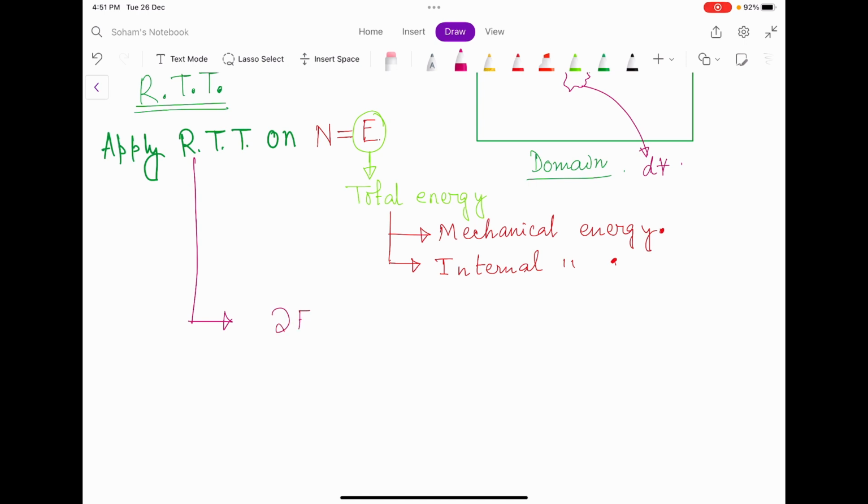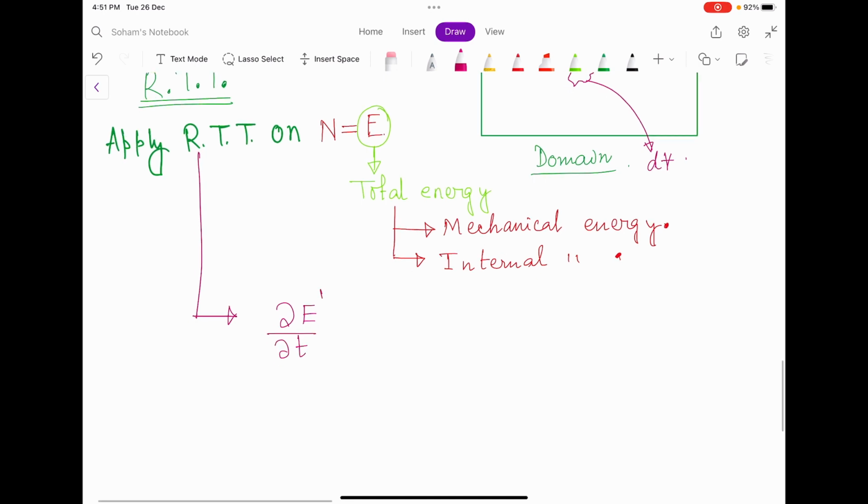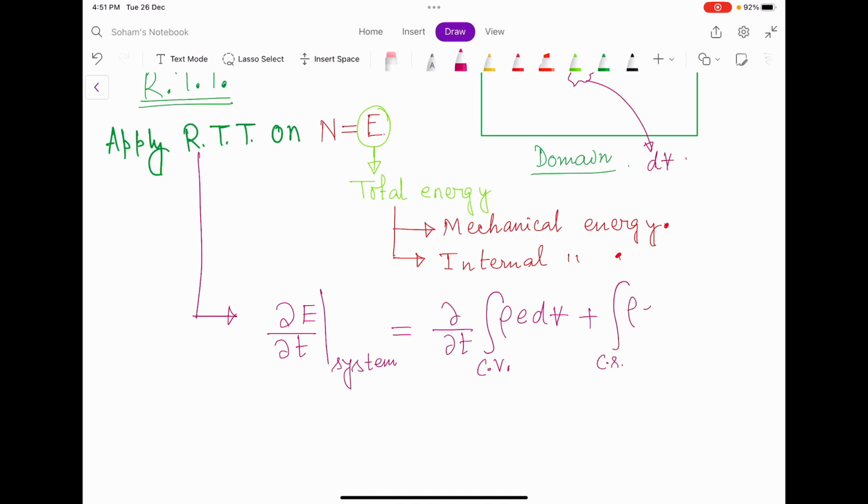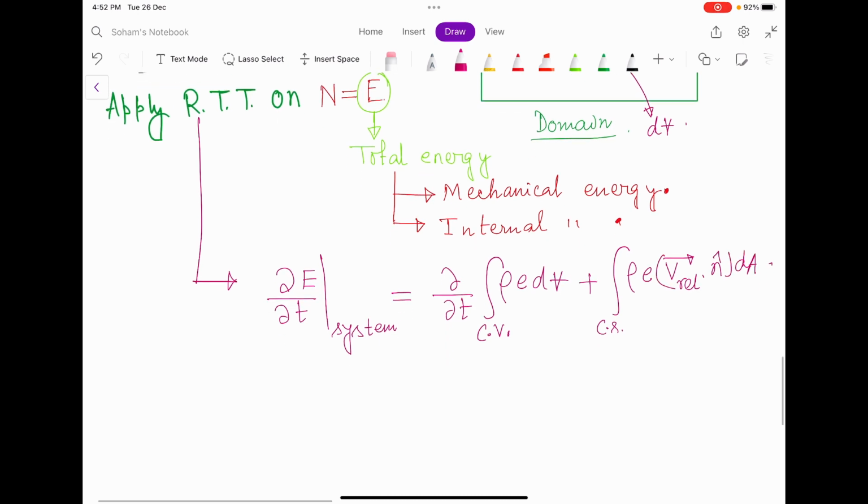Del E del T of the system equal to del T of integral rho E dV over the control volume, plus the integral over the control surface, that is CS, of rho E, V relative dot N dA, right?